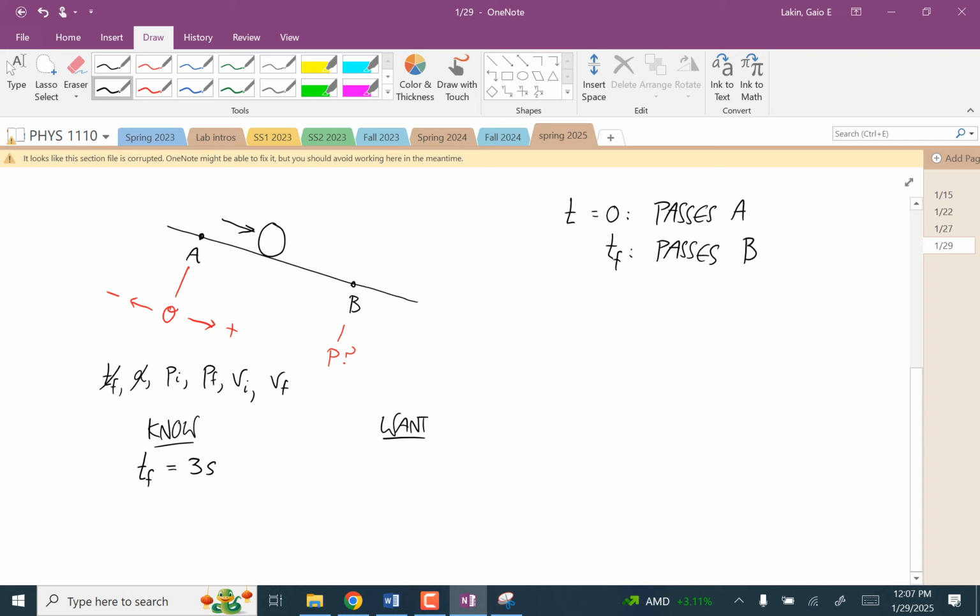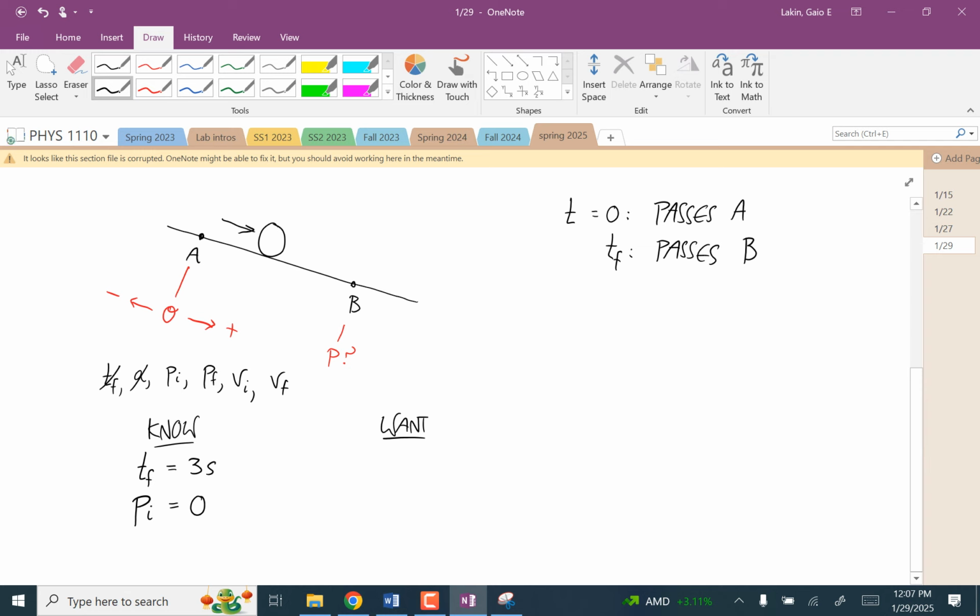Do we know the position at time 0? So remember, time 0 is when it passes A. So do we know the position there? 0, yep, exactly. This is a simpler idea than coming up with the right wording for it, I've found.